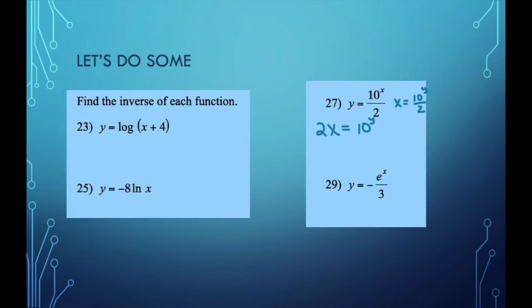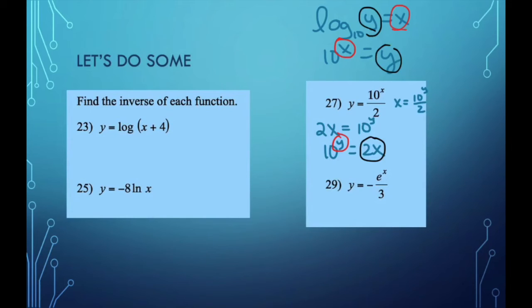Am I done? Not yet. I have to solve for y. Remember, if I have log base 10 of y equals x, it means 10 to the x equals y, correct? So how do I get this into this form?